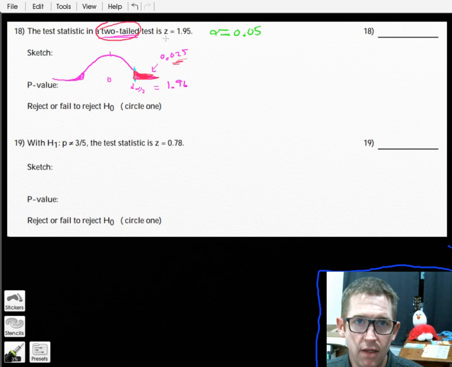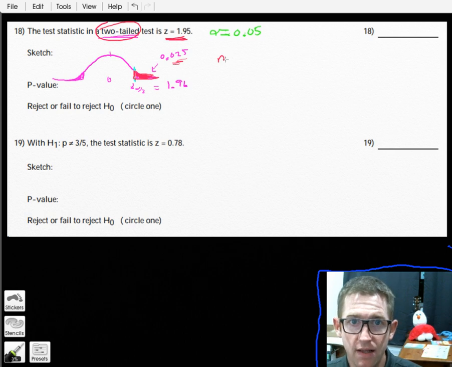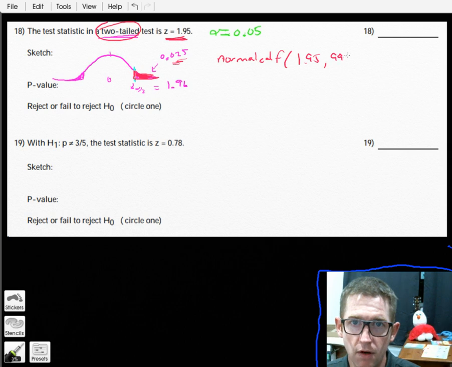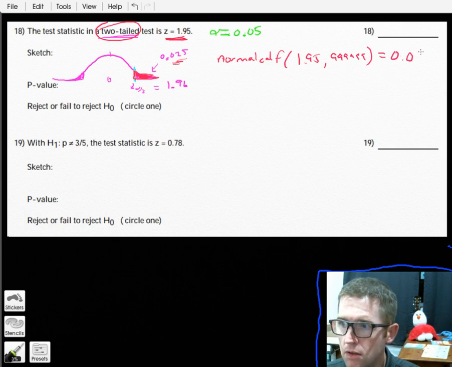Well, we take the test statistic 1.95. You can go to the table and find the area to the right, or just do the normal CDF from 1.95 to a very large number, basically infinity, in the calculator. And we get an area of about 0.02558.